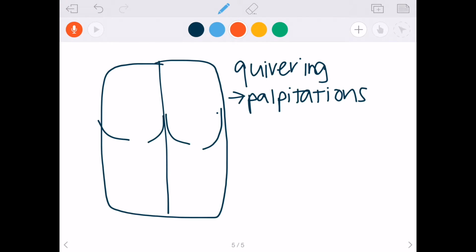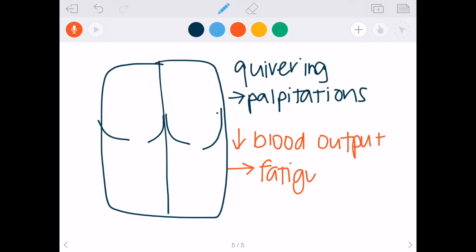As well, because with each contraction of the heart not all of the blood is able to exit the atria, you have a decrease in your amount of blood output with each heart contraction. And as the tissues of the body are not receiving the amount of oxygen and nutrients that they require, this can lead to an overall feeling of fatigue.